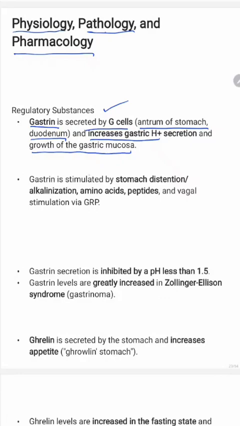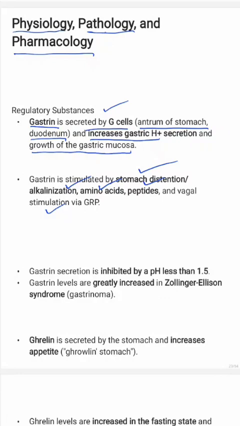Now, gastrin is stimulated by stomach distension, alkalinization, amino acid peptides, and vagal stimulation, and a gastrin related peptide. Okay, so whenever there is stomach distension, food comes in the stomach, so it is distended. So it is a stimulus for the secretion of gastrin.